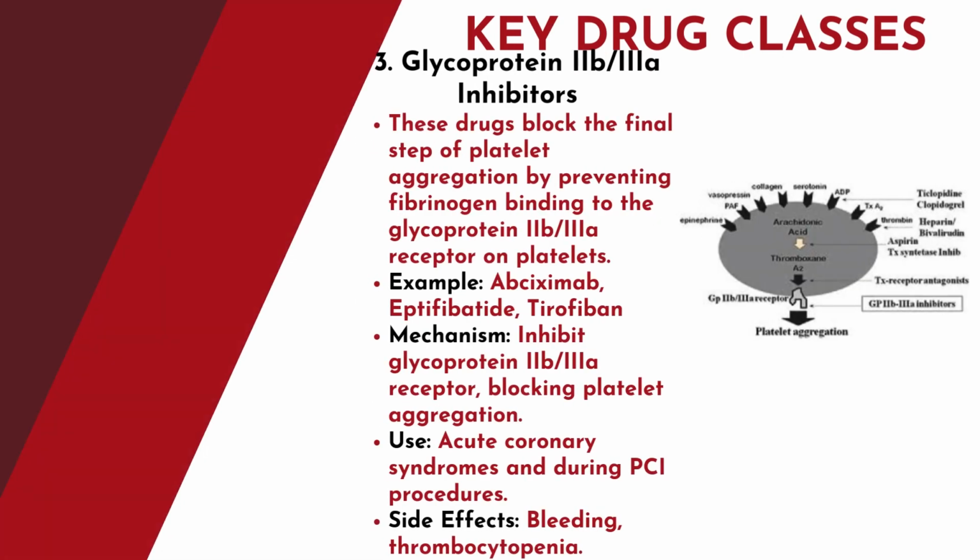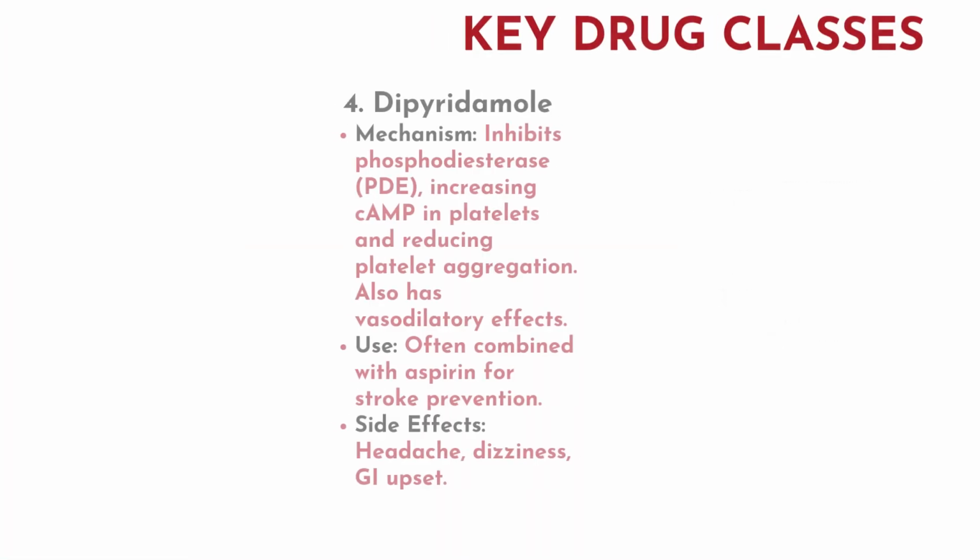3. Glycoprotein 2B/3A inhibitors. These drugs block the final step of platelet aggregation by preventing fibrinogen binding to the glycoprotein 2B/3A receptor on platelets. Mechanism: inhibit glycoprotein 2B/3A receptor, blocking platelet aggregation. 4.